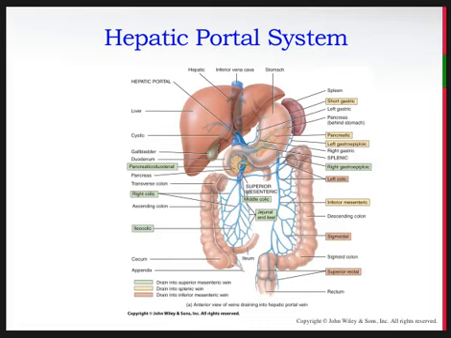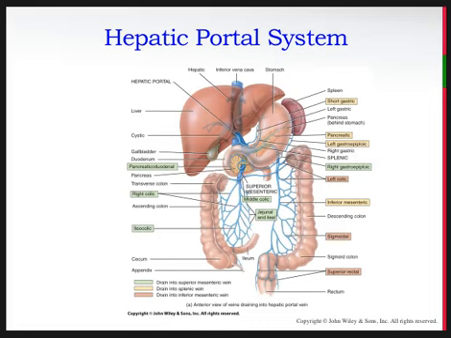The reason we do that is one of the jobs of the liver is to store and or modify nutrients. By taking blood from the GI tract where we've just gained those nutrients and making a quick pit stop in the liver, we have the ability to modify and or store some of those nutrients without having to make the full loop before we do it.